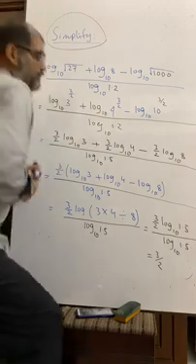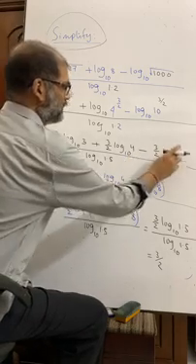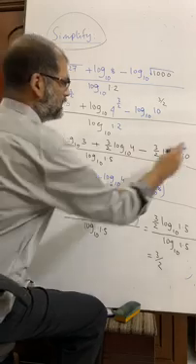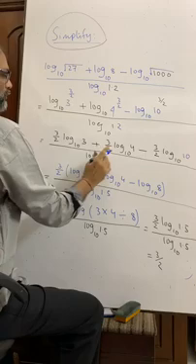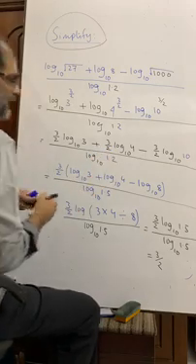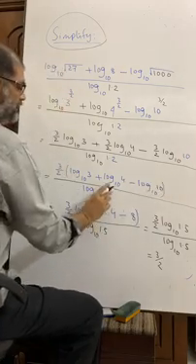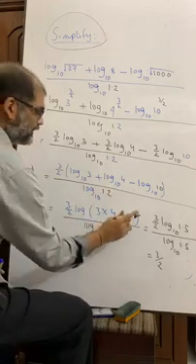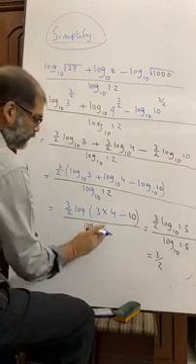Here it is 10, only 10, and here it is only 1.2.